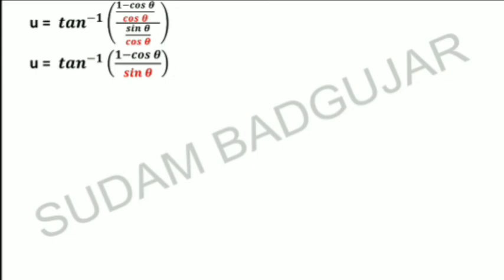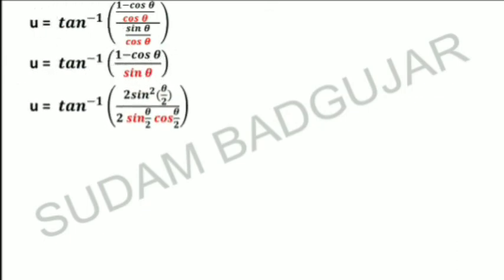Apply the half angle formula, that is u is equal to tan inverse of 2 sin square theta by 2, divided by sin theta, which is 2 sin theta by 2 into cos theta by 2. Here 2 gets cancelled, one sin theta by 2 gets cancelled, the remaining factor is sin theta by 2 upon cos theta by 2, and that is nothing but tan theta by 2. So u is equal to tan inverse of tan theta by 2, which is theta by 2.